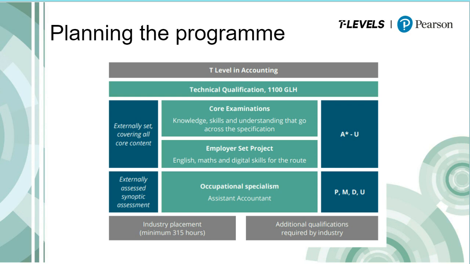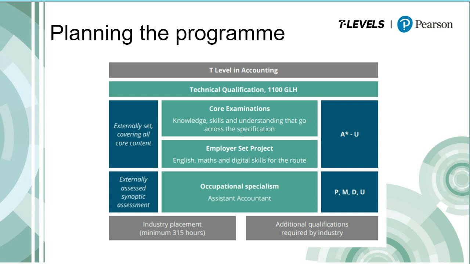So what is involved in the T-level in accounting and of course indeed finance? Well, first of all, it's made up of, as I've referenced already today, a core component and one occupational specialism. Now, the core component in the main is common across accounting and finance.